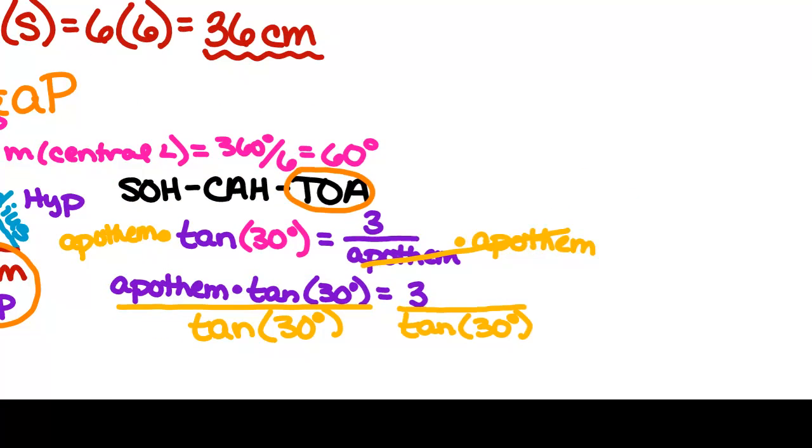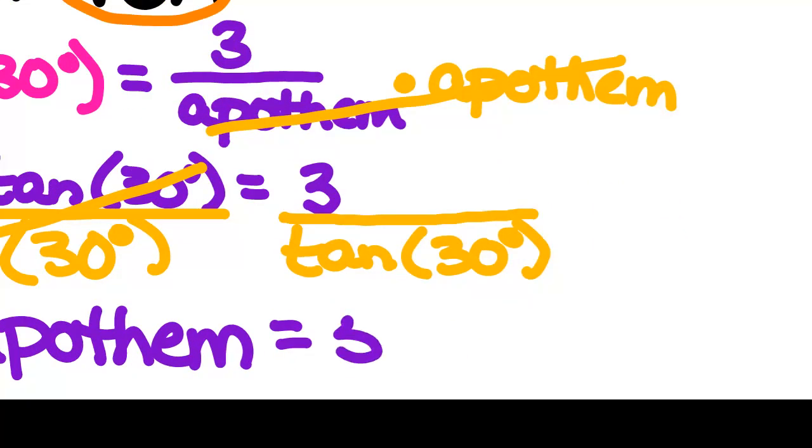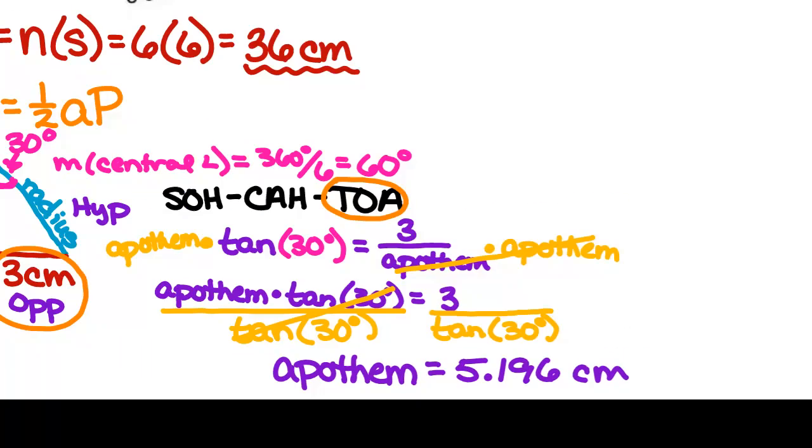All right, I need you guys to grab your calculators now. We need to do 3 divided by the tangent of 30 degrees. The apothem would be 5.196. 5.196, yes.